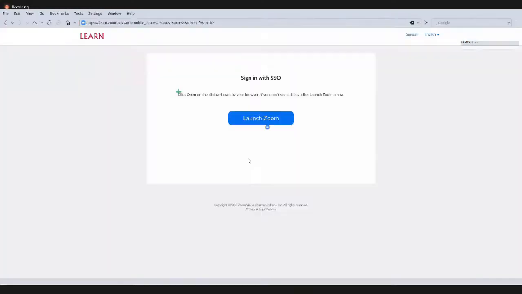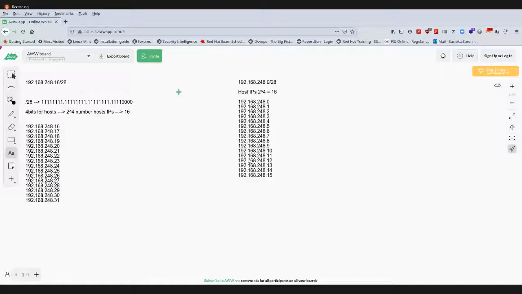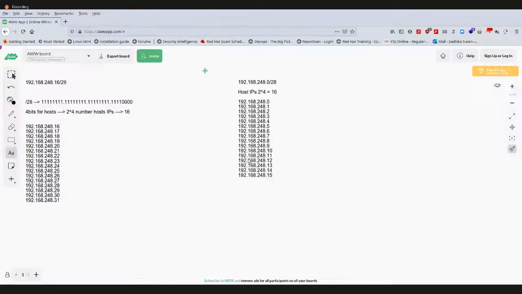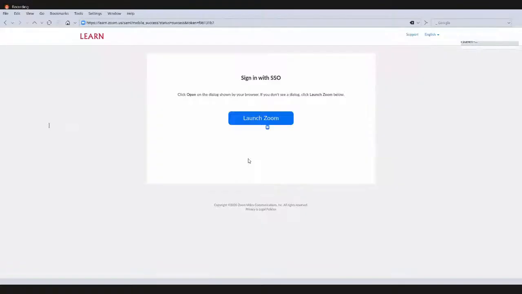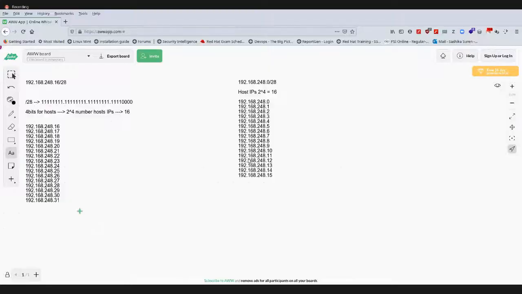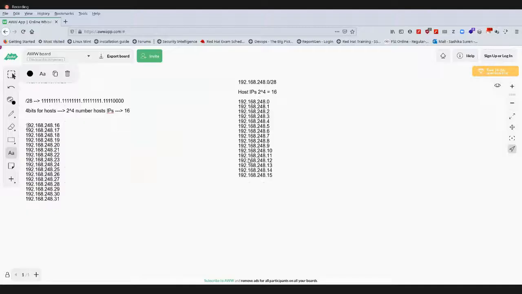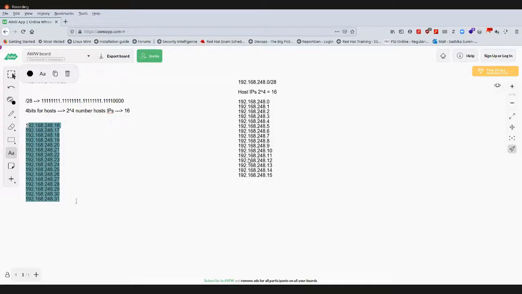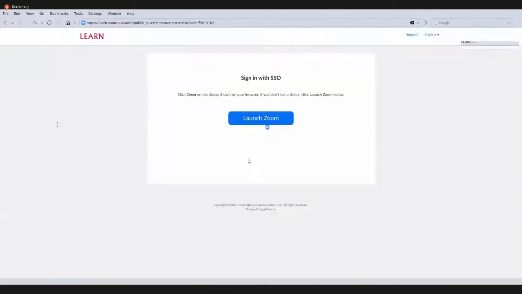Now what I want to highlight here is, whenever you define the IP address set you have 16 IPs, but when you go into assigning them, for example to hosts, there are two rules. Always the first IP address of the subnet.